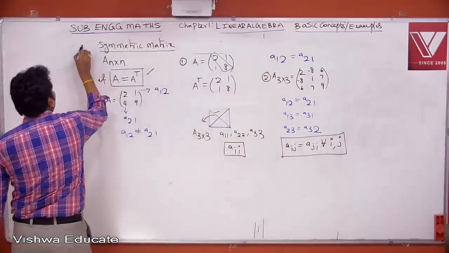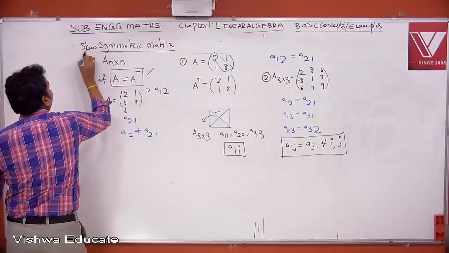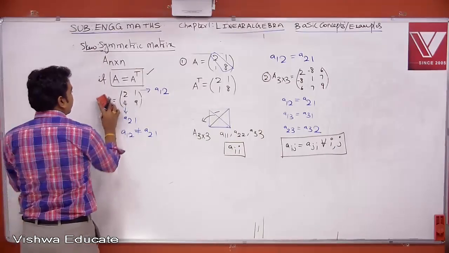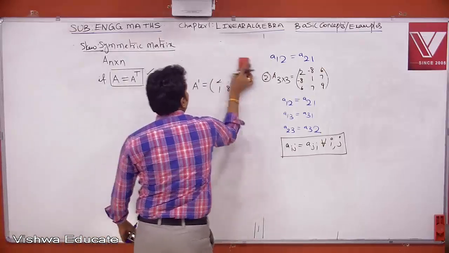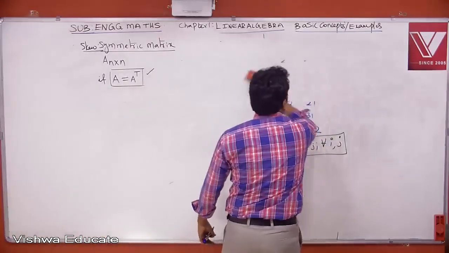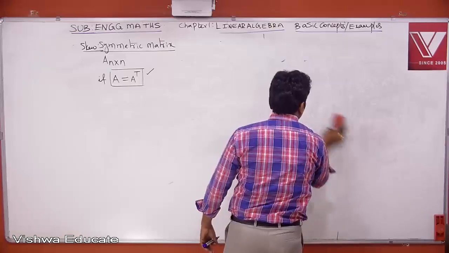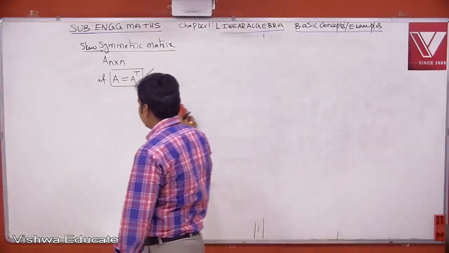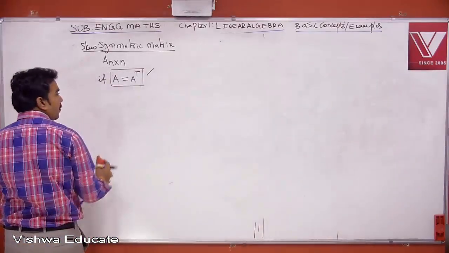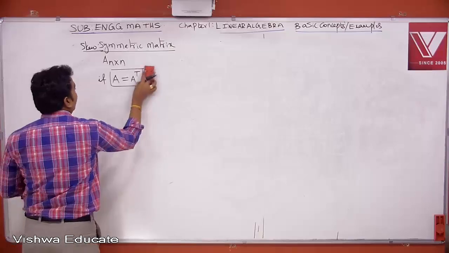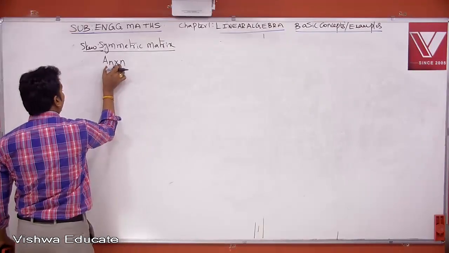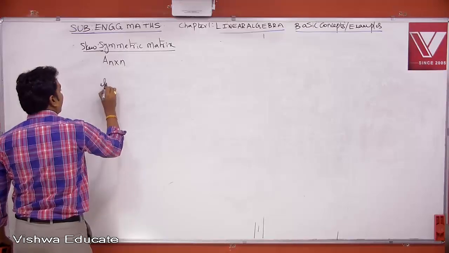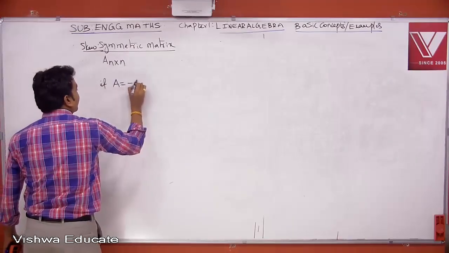As definition, skew symmetric matrix. Suppose we have a square matrix A. We say that this is skew symmetric if A is matching with minus A transpose.